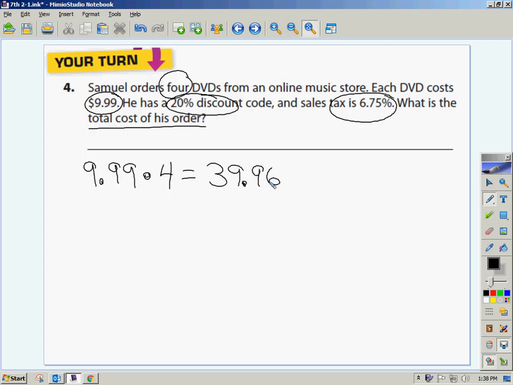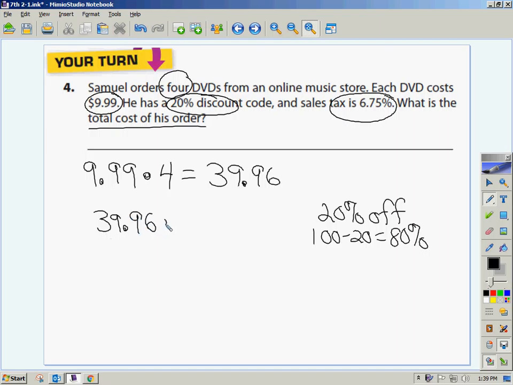Everybody with me that far? If I have a 20% off coupon, how much do I actually have to pay percentage-wise? I have to pay 80%. So, if I take my $39.96 times 0.80, it'll tell me how much those DVDs are after they've been discounted.